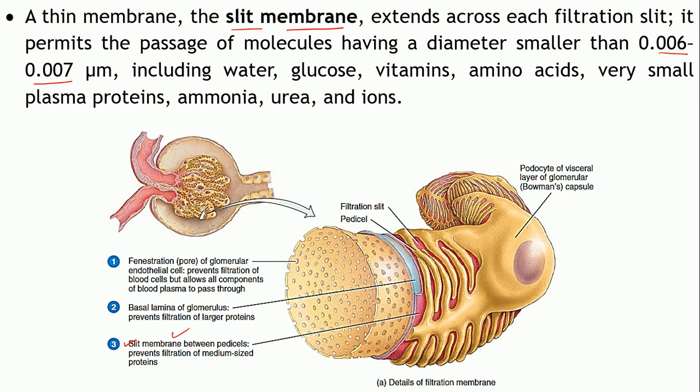So this include water, glucose, vitamins, amino acids, very small plasma proteins or ammonia, urea and certain ions. Only these substances are permitted to cross this particular slit membrane. So these are the three barriers which permit only the movement of selected substances out of these blood capillaries. So it will regulate what is the content of your glomerular filtrate which enters over here.